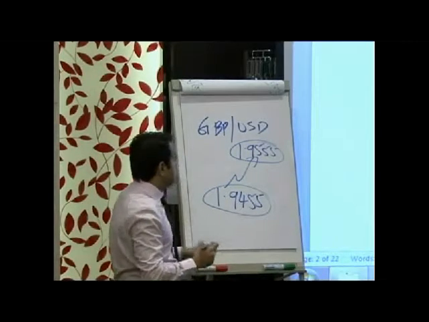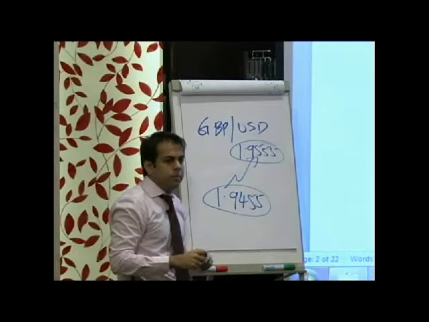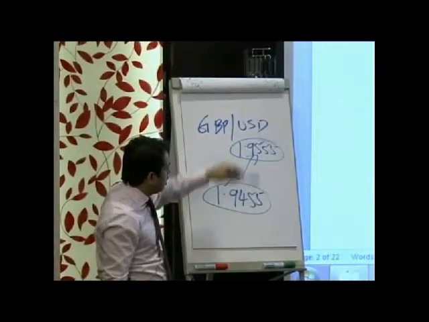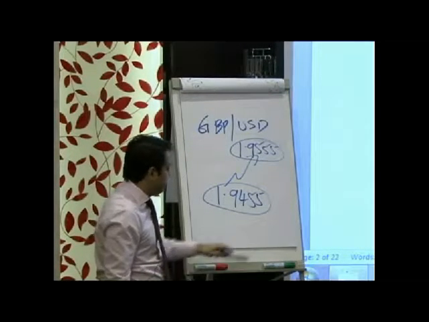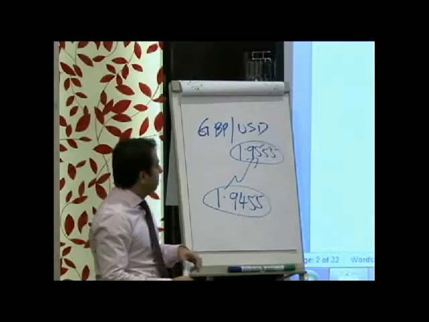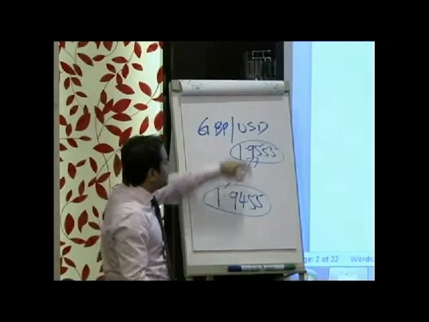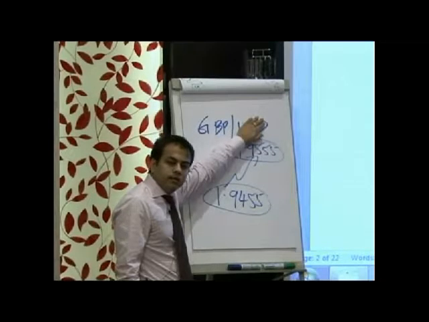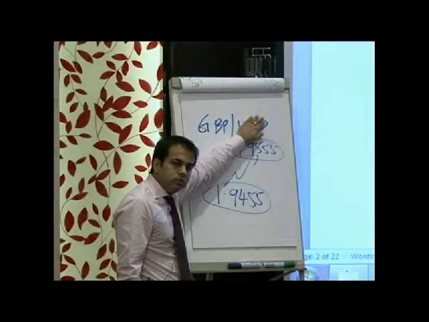So my question to you is, which currency is going up? Is pound going up or is dollar going up? Very good. Pound is going up. Remember one thing. You will always ignore the second currency so that you never get confused.